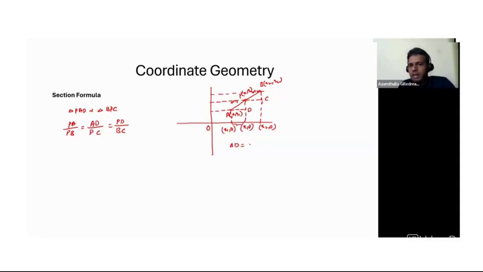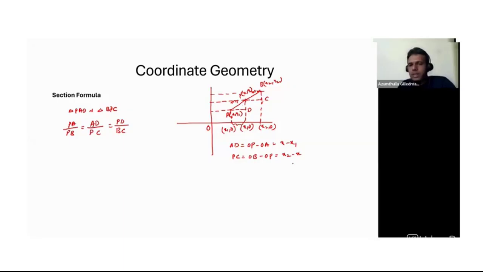So can I say OP minus OA? That is AD distance, that is x minus x1. Then what is PC? PC is this distance. So I can say OB, which is this distance, minus OP. That means x2 minus x, right?